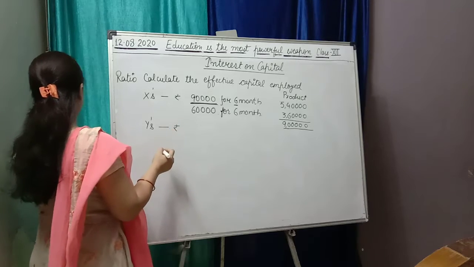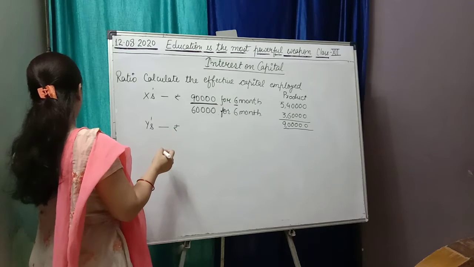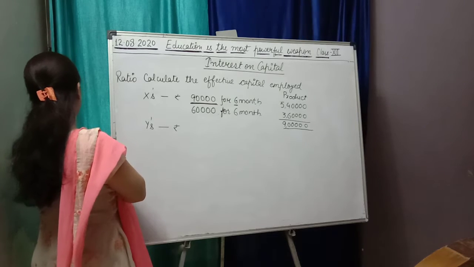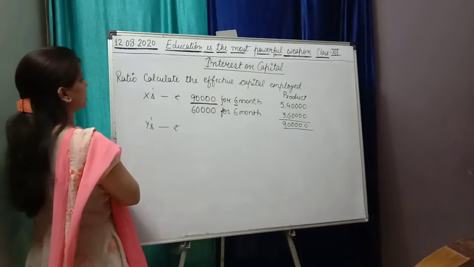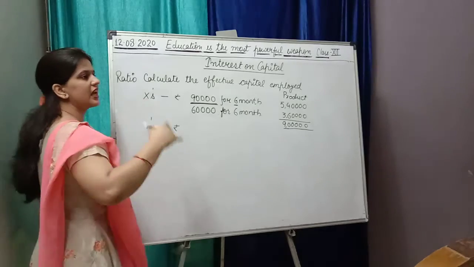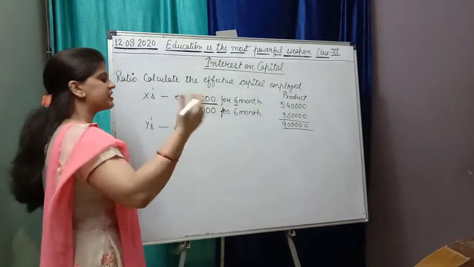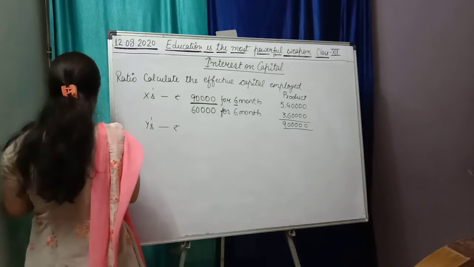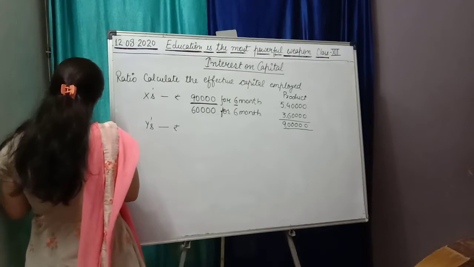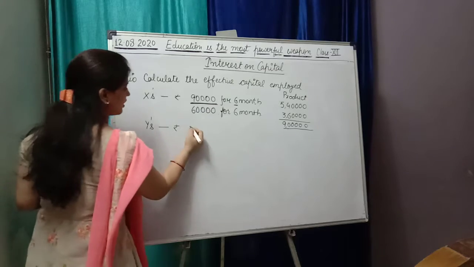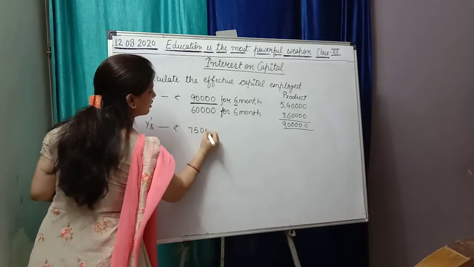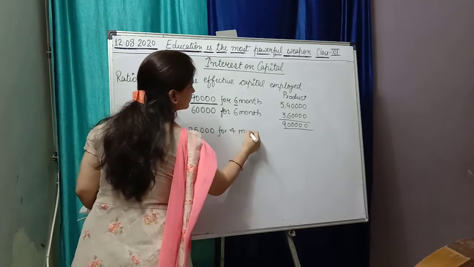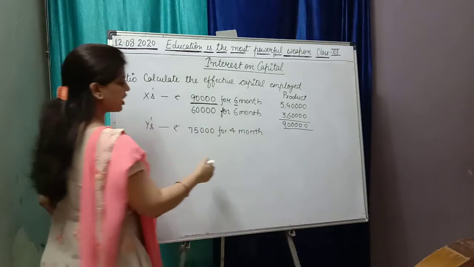Y is introducing 75,000 at first and increases it to 90,000 at the end of the 4th month. It means after 4 months he has increased it to 90,000. So the earlier 75,000 is for how many months? That is for 4 months.